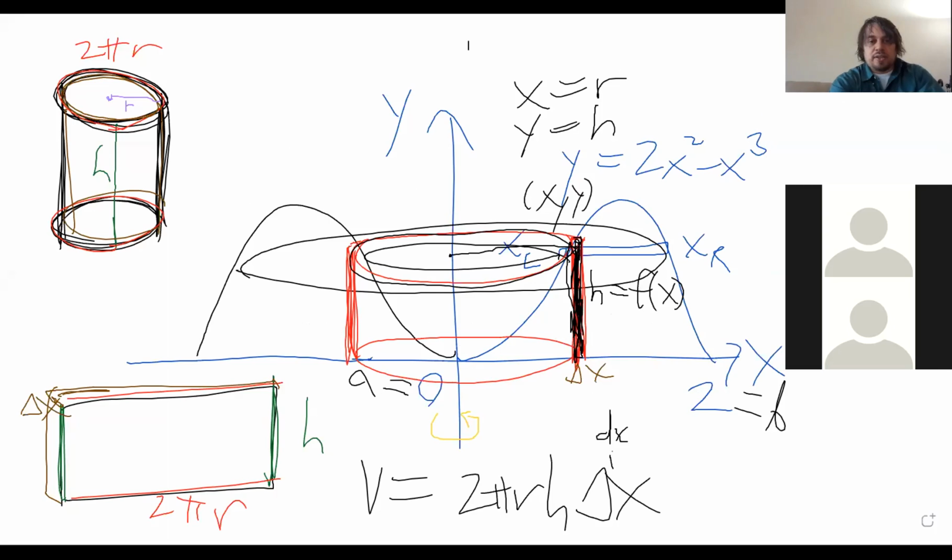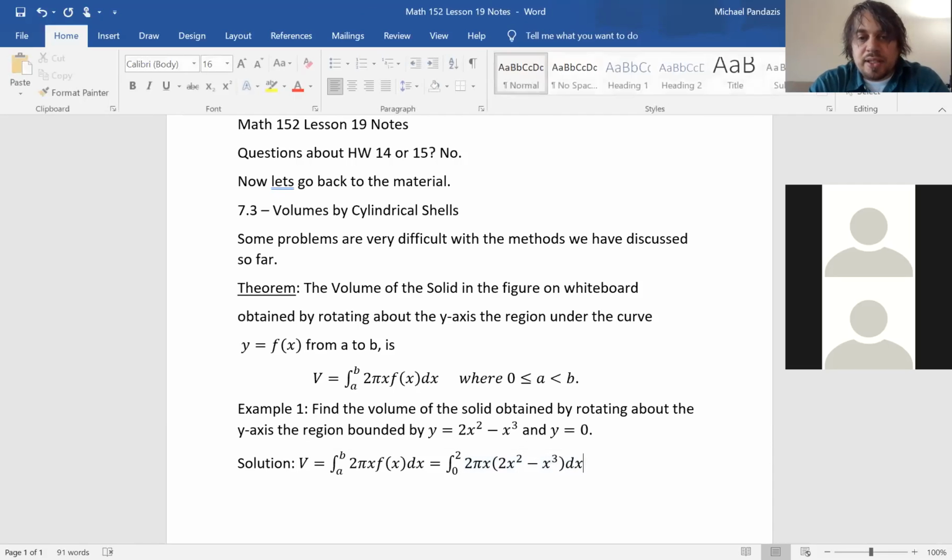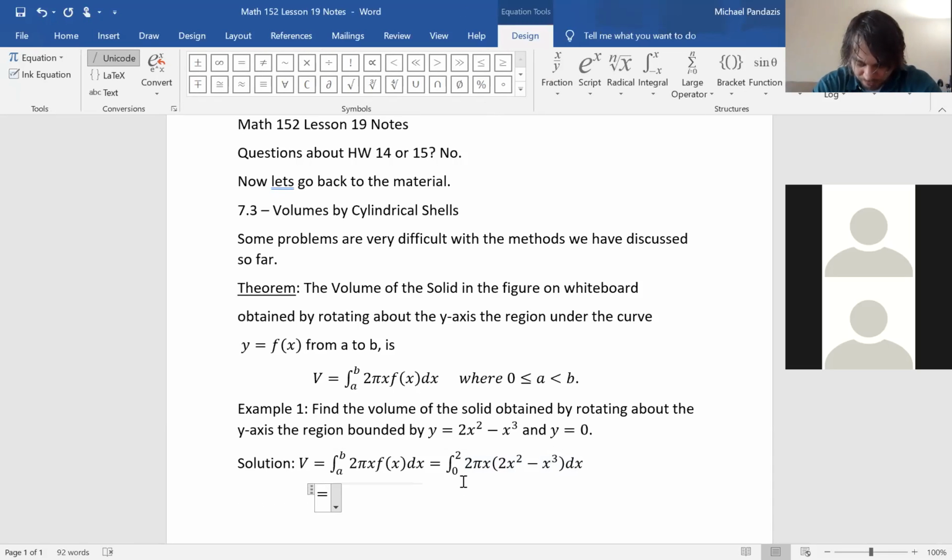So this is equal to the integral of 2 pi x times f of x, which is 2x squared minus x cubed, dx. And then when you calculate that definite integral, you get the answer. First you move 2 pi out, and then you evaluate the definite integral.